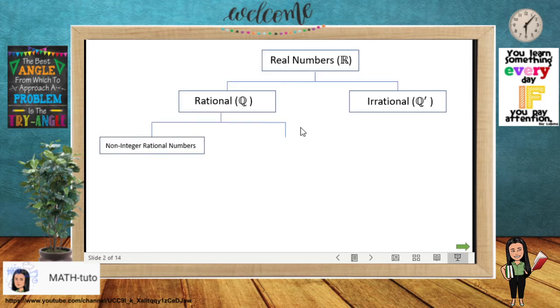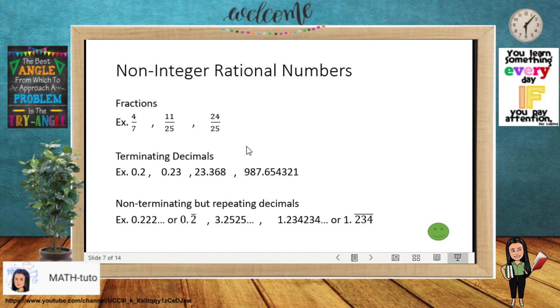Okay? Rational numbers can be classified as either non-integer rational numbers or integers, in which the symbol for integer is capital letter Z. Non-integer rational numbers are fractions, terminating decimals, and non-terminating but repeating decimals.